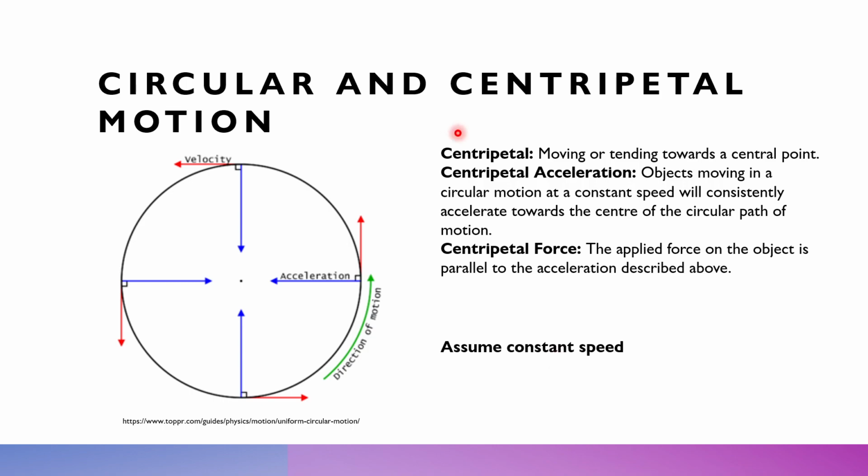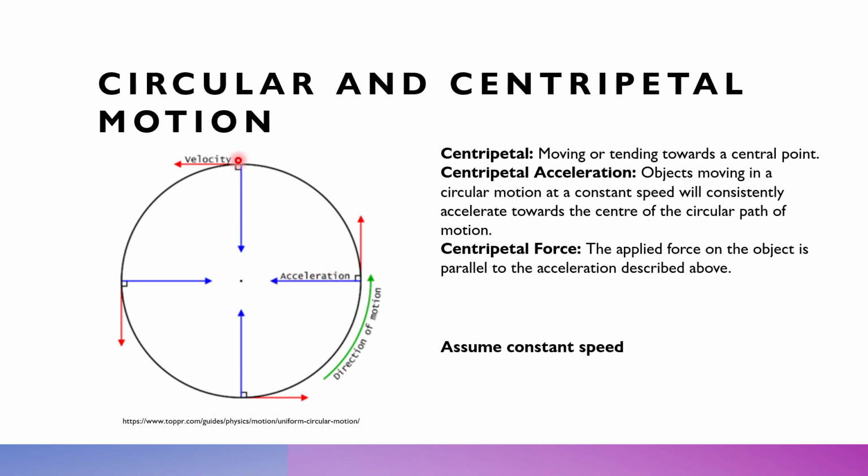You will start to see this keyword centripetal being thrown around quite a lot in this inquiry question. And what that suggests is that if we're describing something as centripetal, we're talking about movement that is going towards a central point. So in the case of our circular motion, we'll be talking about some sort of force or movement or action which is going in the direction of the central point.